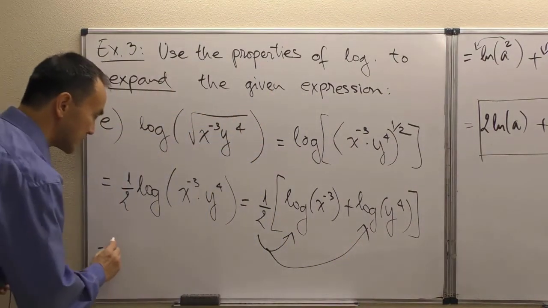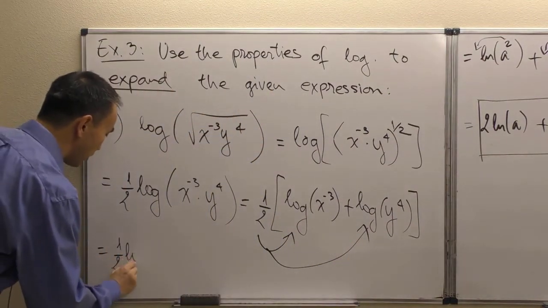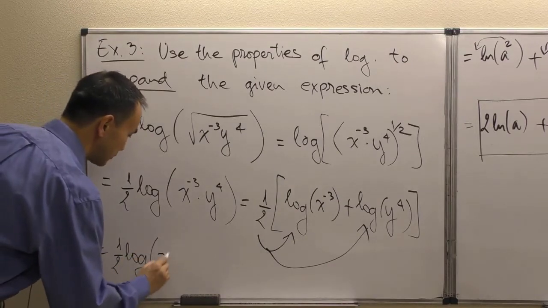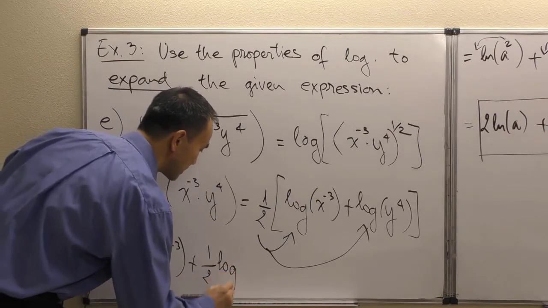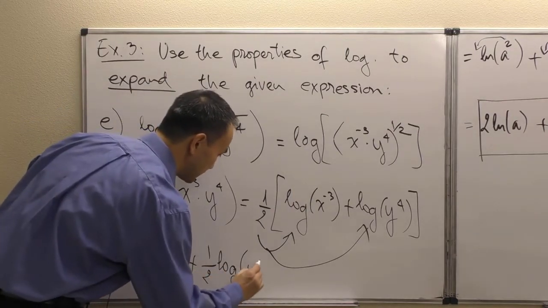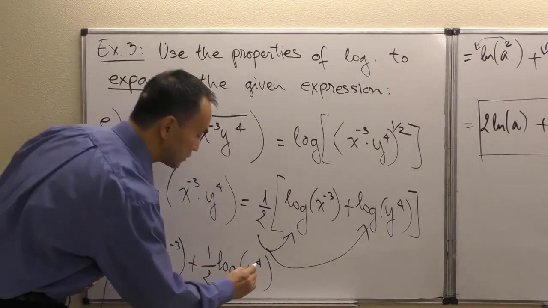So that's making it 1/2 log of x to the negative 3 plus 1/2 log base 10 of y to the 4th.